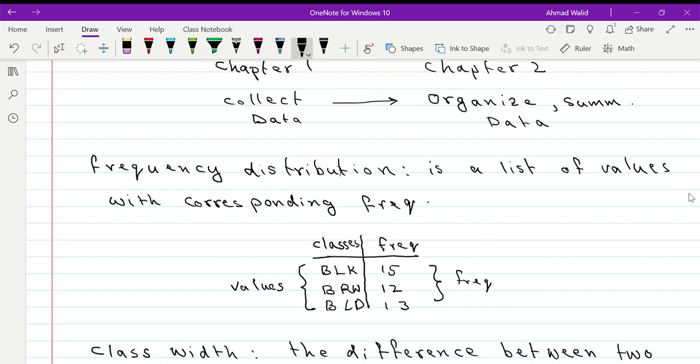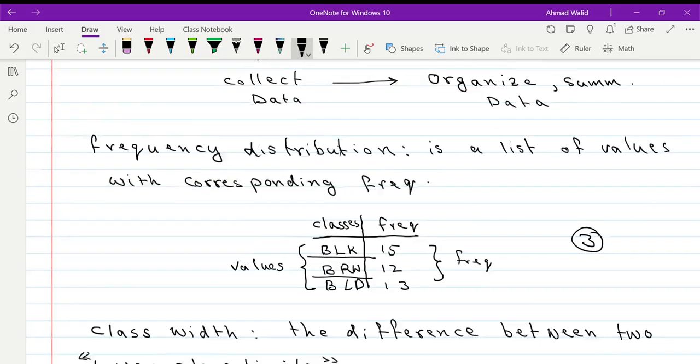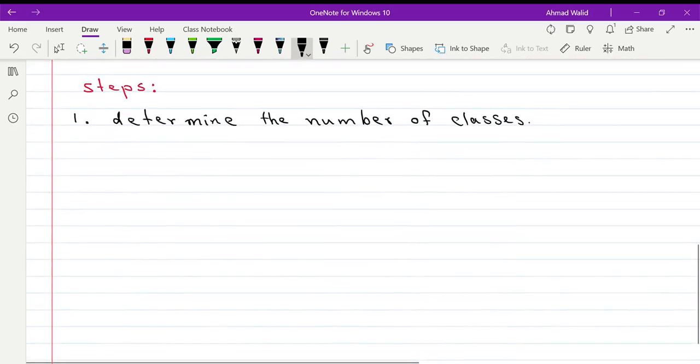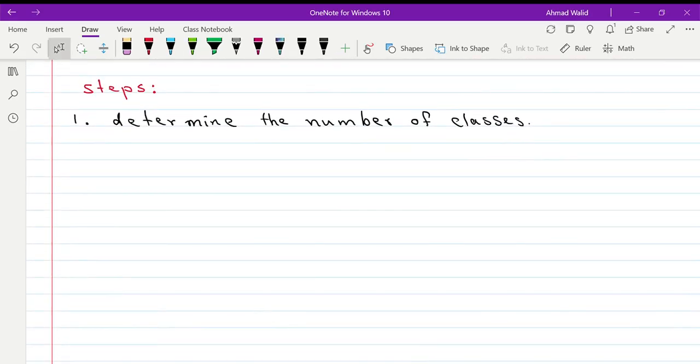We made actually 3 classes, black, brown, and blonde. Correct? Then the number of the classes here, what? 3. Usually it will be given to you. Correct? Determine the number of classes, it will be given. Correct? For example, let's say 8 classes. I will do an example for you, or 6 classes, or 4 classes. It will be given to you.